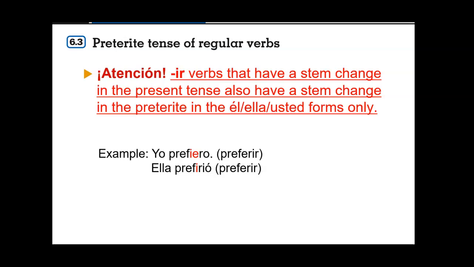For example, in the present tense, yo prefiero is stem changed. For the ella form in the preterite tense, it also stem changes, but it goes from e to i. I'll give you a chart a little bit later with those stem changers to help you out.